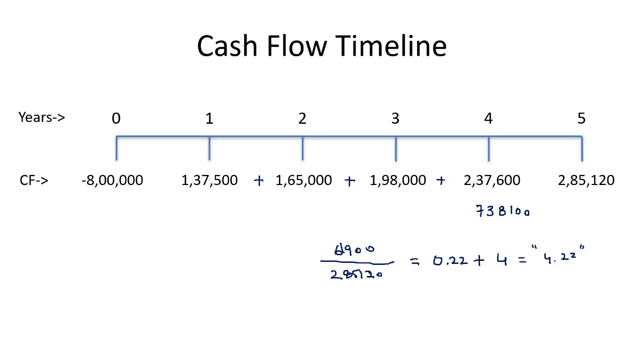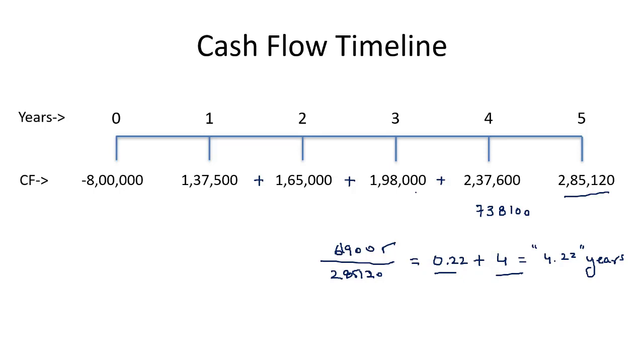As I said, even without this last step, we could figure out that the payback period is between 4 to 5 years. To calculate the exact years, we take the difference between 8 lakh and 738,100, divided by the cash flow of the 5th year. There you get 0.22, and the first 4 years of cash flow are clean 4 years.